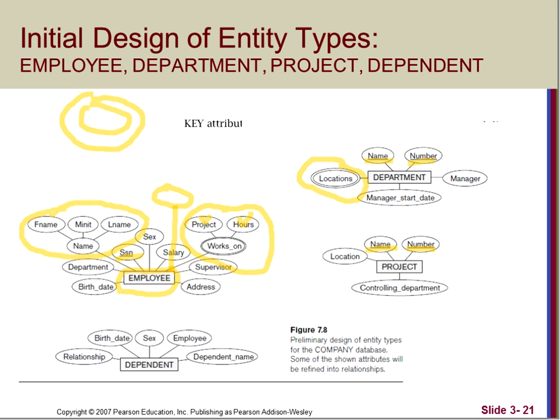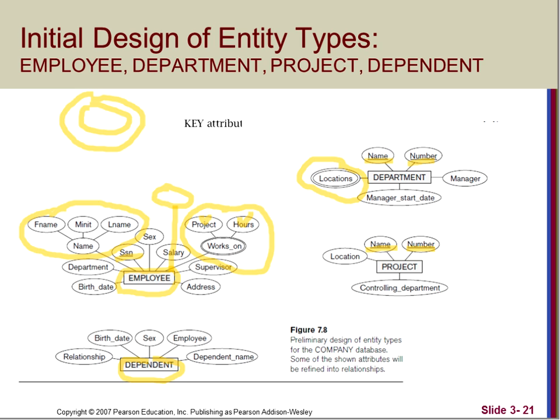Sometimes you can find just one key attribute, like the social security number on employee. However, sometimes there can be multiple. The department has two unique attributes, name and number. The project also has name and number. It doesn't matter.